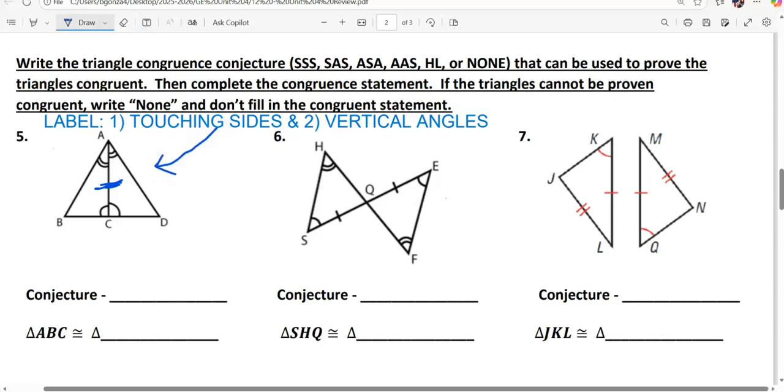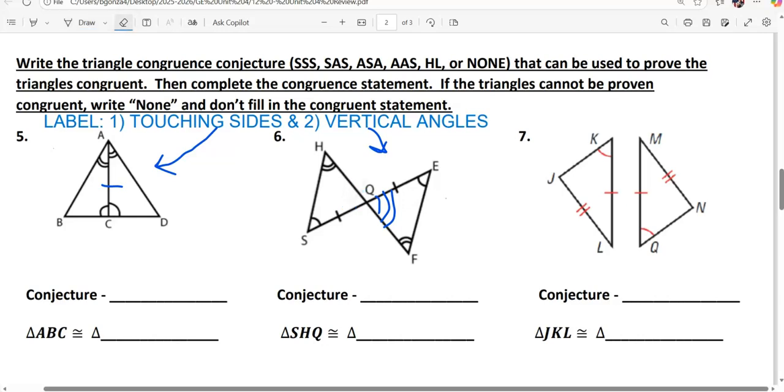Touching sides is over here. Vertical angles is over here. So again, touching sides looks like this, tick mark. Vertical angles looks like this, arc mark. Okay.